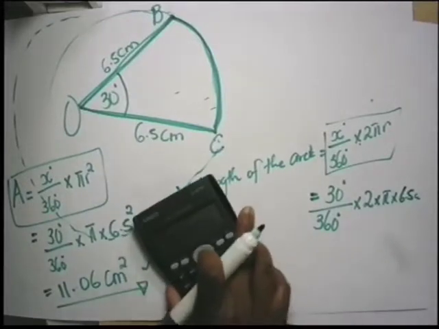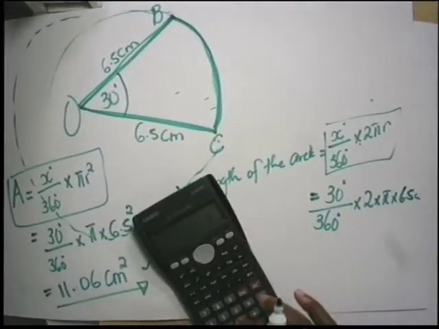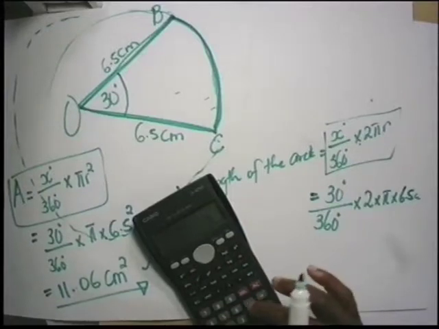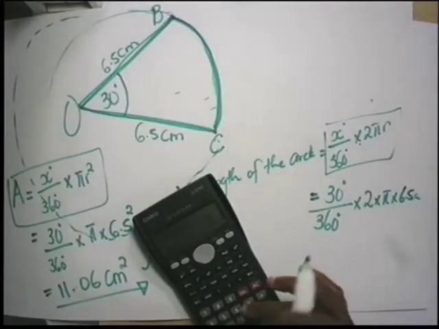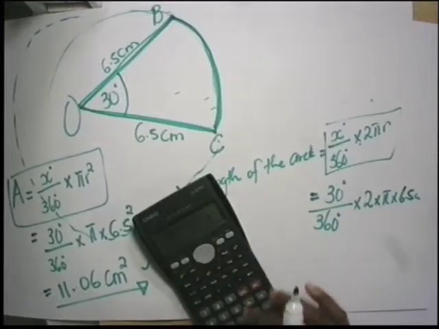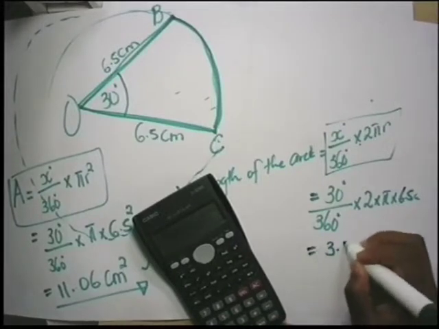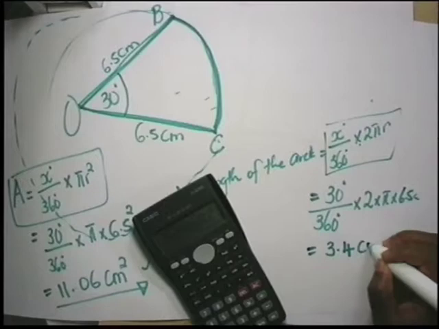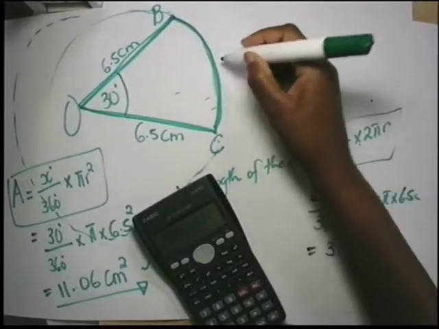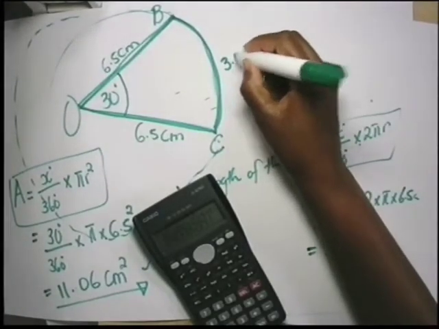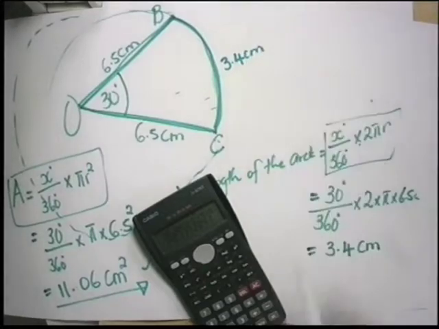Then you take your calculator. 30 over 360 times 2 times pi times 6.5, which will give us 3.4 centimeters. So then this part to one decimal place is 3.4 centimeters.